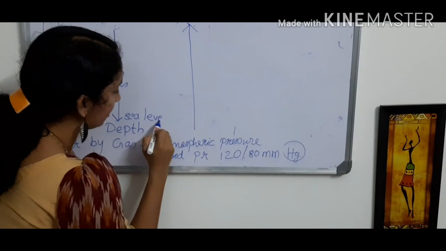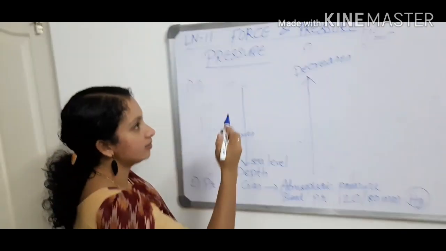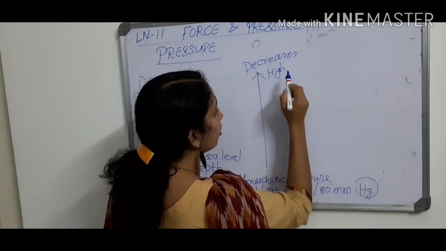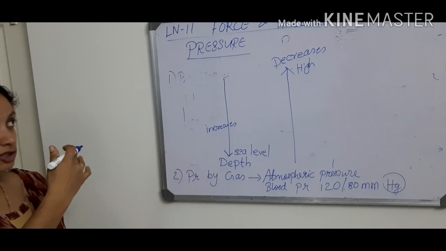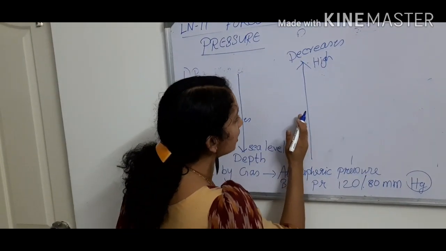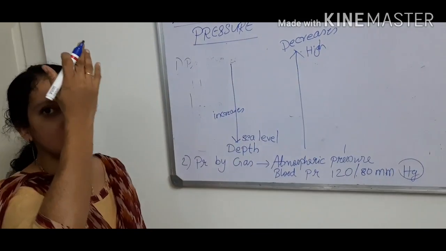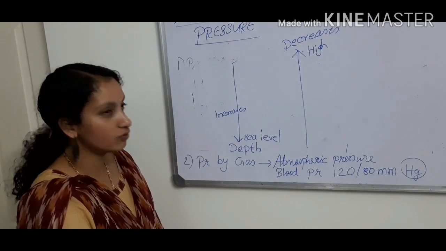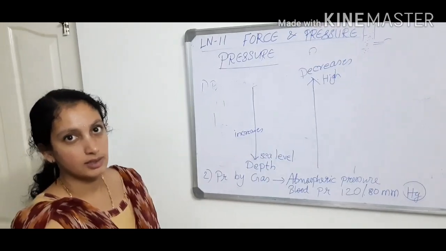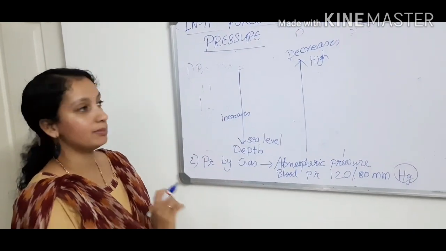This is sea level or depth of the sea, and this is any high range areas or mountain, the topmost portion. What happened? Atmospheric pressure is decreasing once we go up. It is increasing as we go down. So at the Earth's surface it will be the maximum.